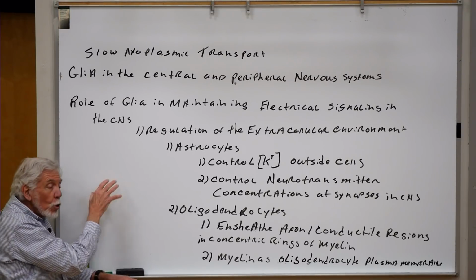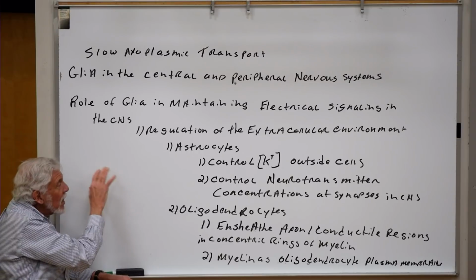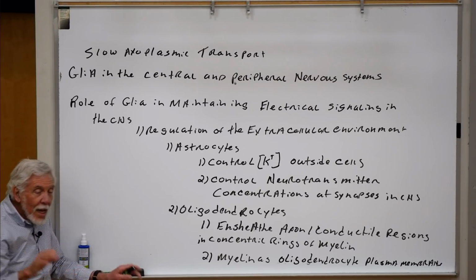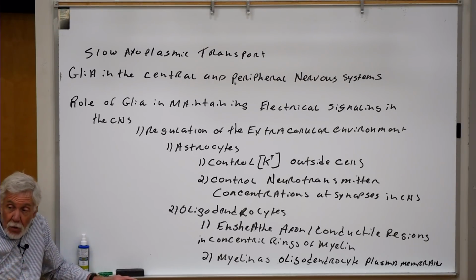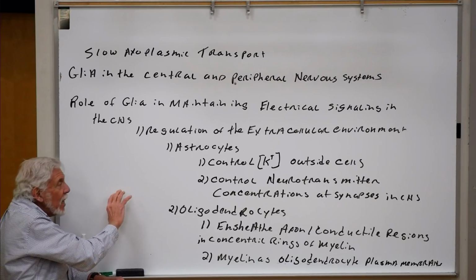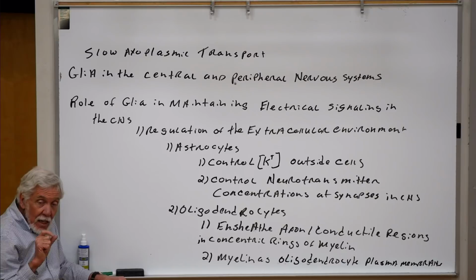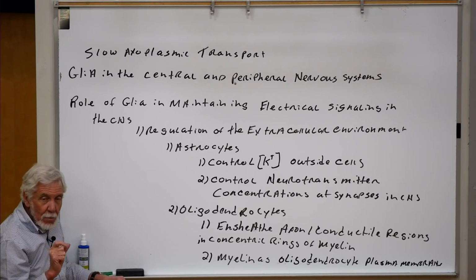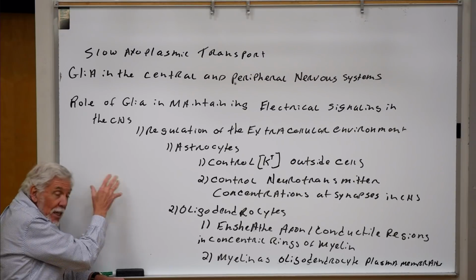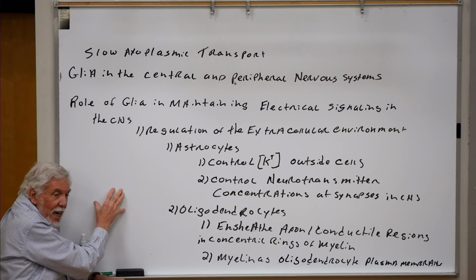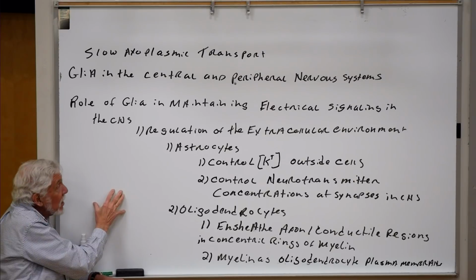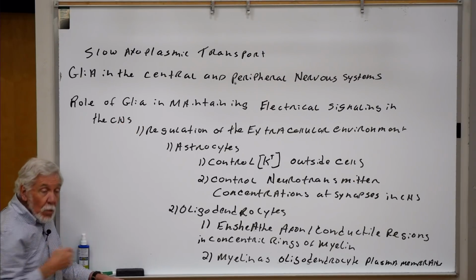But the long and the short of it, as far as we can tell right now, is that glial cells play an important role in maintaining the environment, particularly the extracellular potassium concentration, and in regulating the concentration of neurotransmitters in the very narrow gaps between the signaling cell and the receiving cell, between the presynaptic cell and the postsynaptic cell. Now, as I say that, I'm sure in the next 5 or 10 years, and people are beginning to see some of this now, we're going to see signaling within the glia themselves.